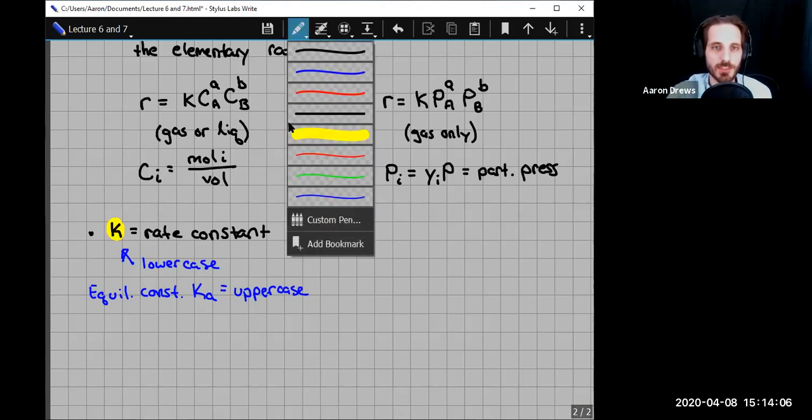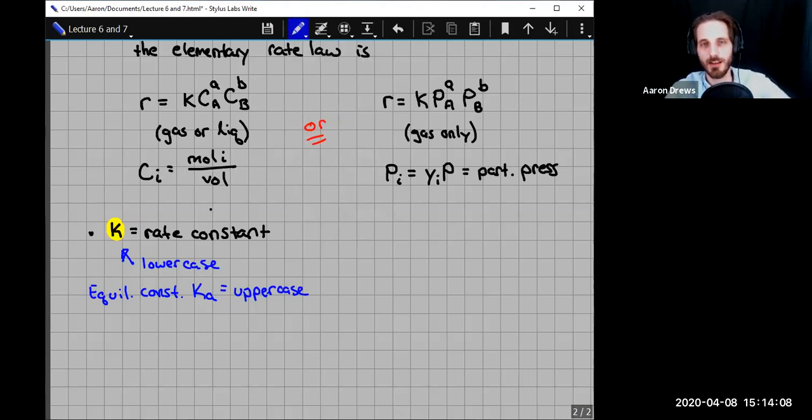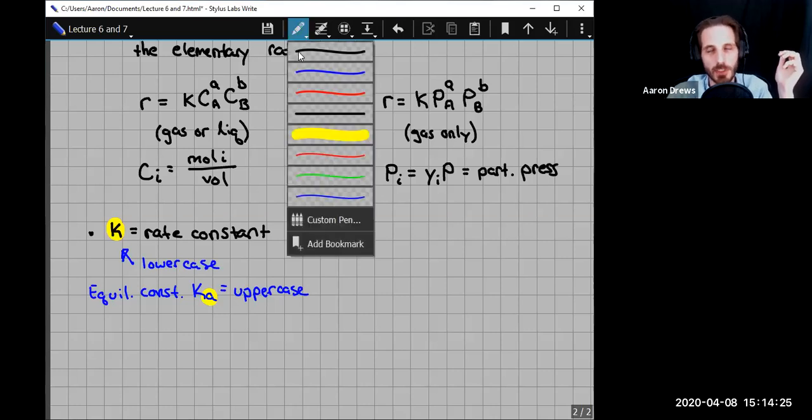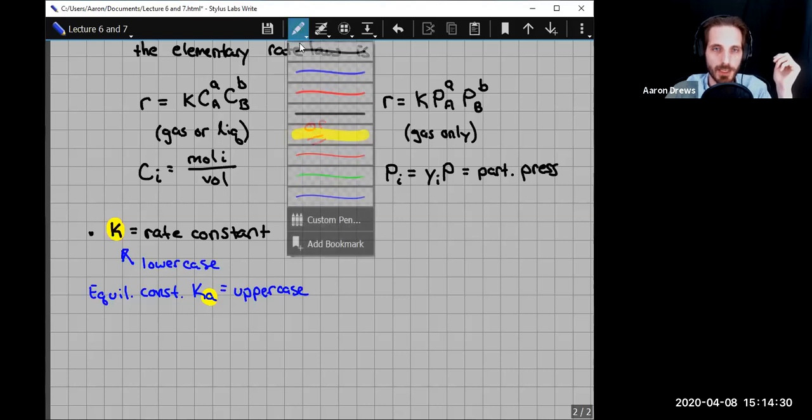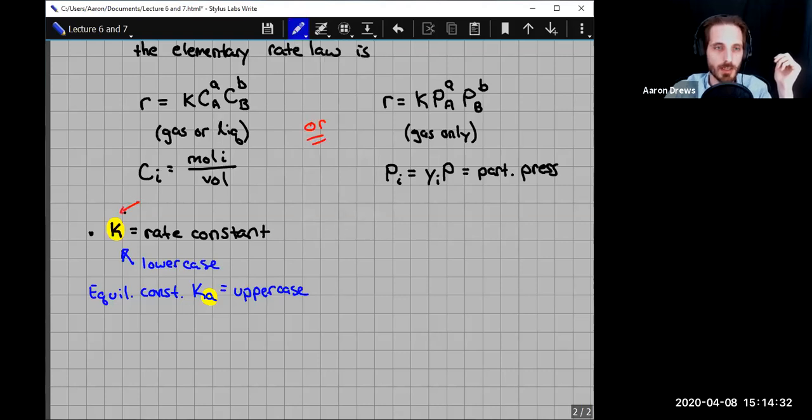And so the best way to tell those apart is either, A, from context, so you'll be able to tell just from context which one we're talking about, or all of the equilibrium coefficients will always have subscripts like K sub a or K sub 0, K sub 1, or K sub something else. And so you'll be able to keep track of them that way. The subscripts on the other k are usually one per reaction.